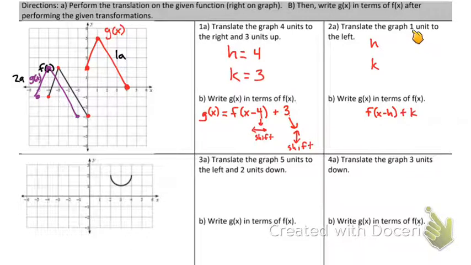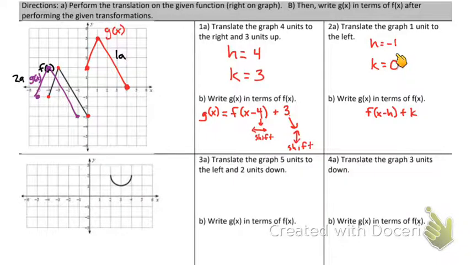So if you look, we have 1 unit to the left. Since we shift to the left, it's going to be a negative number because we're shifting backwards, if that makes sense. And then our k unit: are we shifting up or down? The answer is there is no shift up or down, so it's going to be 0.